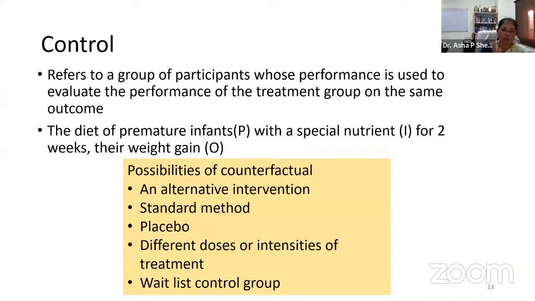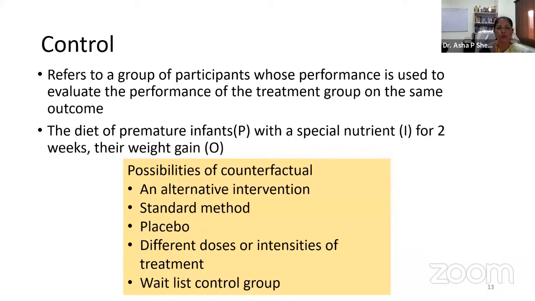Now, what are the various possibilities of this counterfactual that we can use? What happens in the case of nursing studies? When we design any nursing intervention, it is not possible for us to completely withhold nursing care. That becomes unethical. So usually nursing studies will have an alternative intervention.